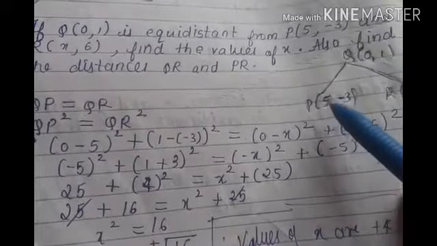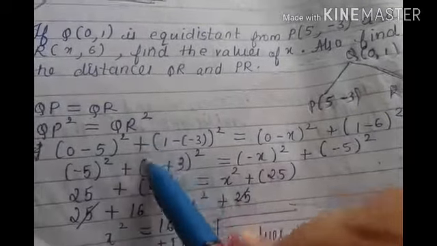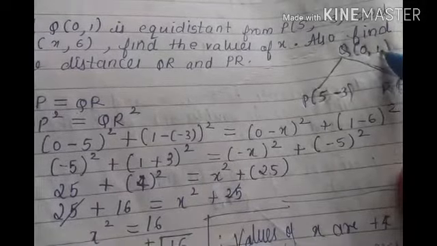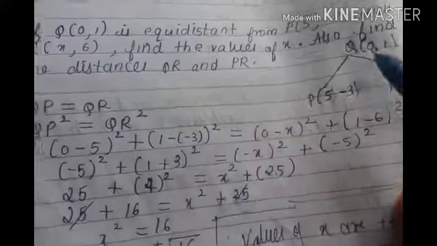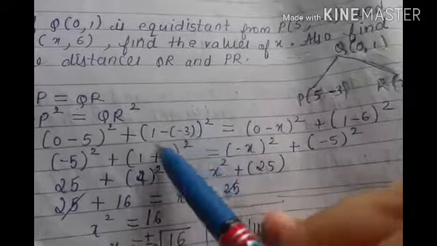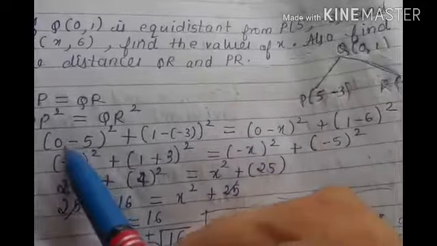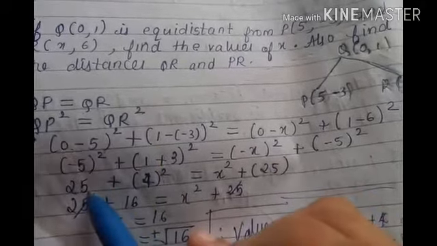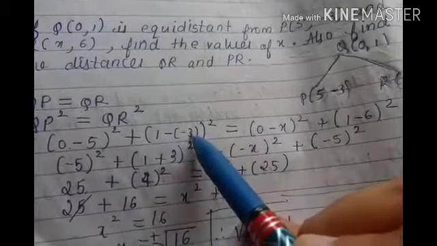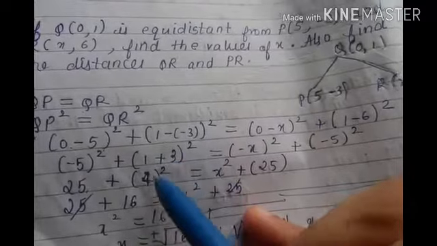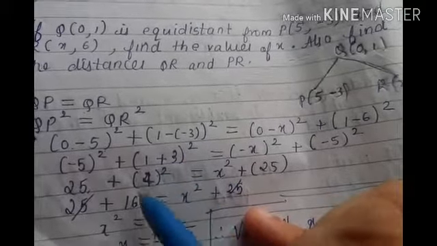So 0 minus 5 the whole square plus 1 minus (-3) the whole square. 0 minus 5 is minus 5, and minus 5 square is 25. 1 minus of minus 3 is plus 3, so 1 plus 3 is 4, and 4 square is 16.